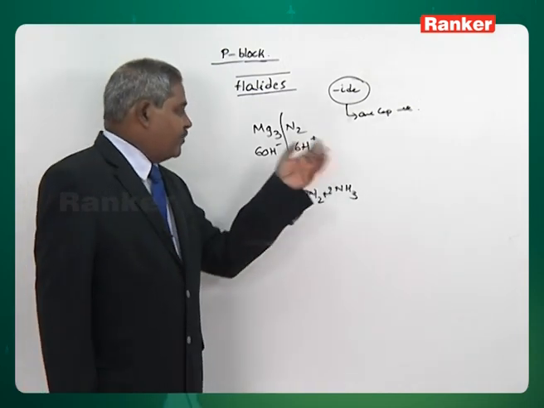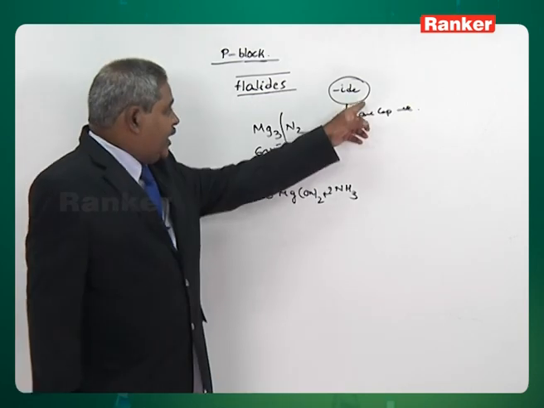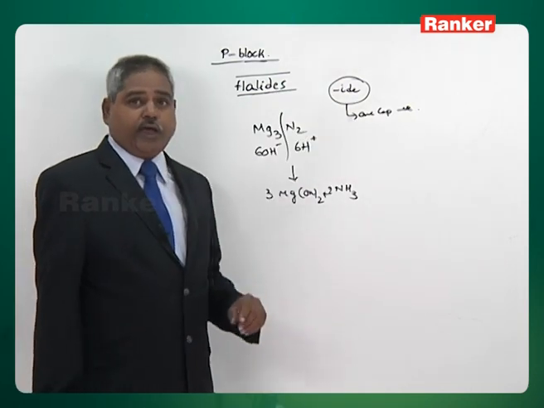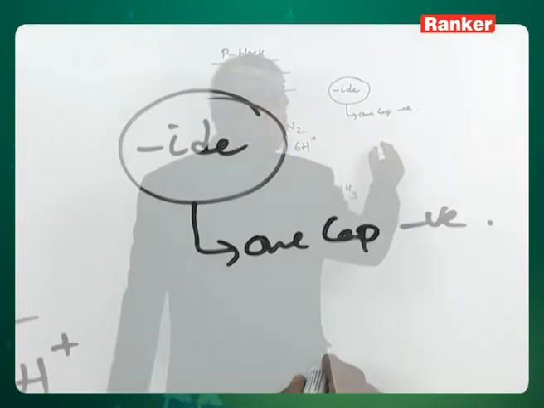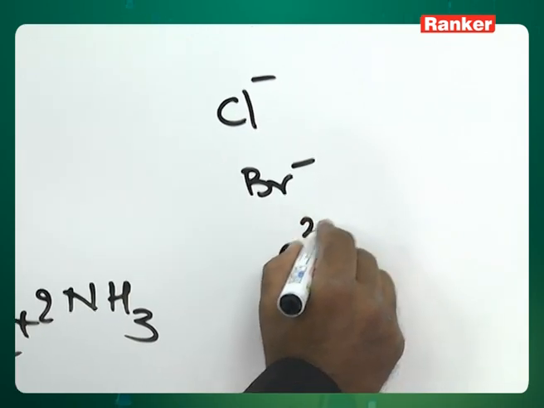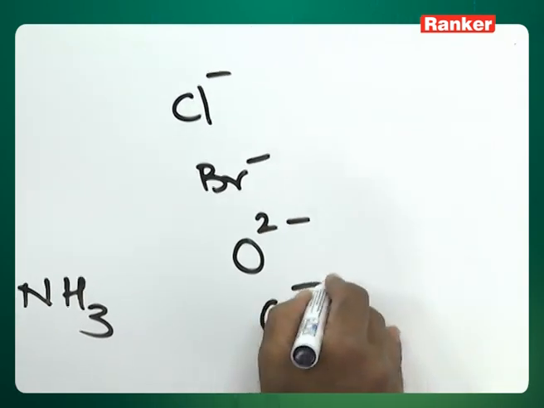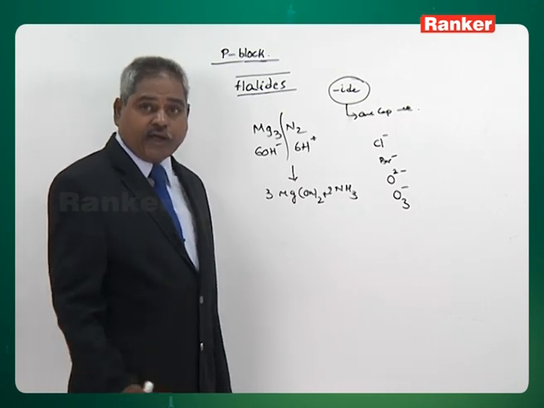Even silicide for that matter, silicon with 4 minus. So IDE: chloride, bromide. Okay, all negatives are not called that. You look here, Cl minus, Br minus, oxide, even ozonide for that matter, sulfide.